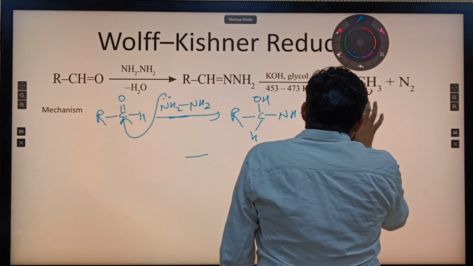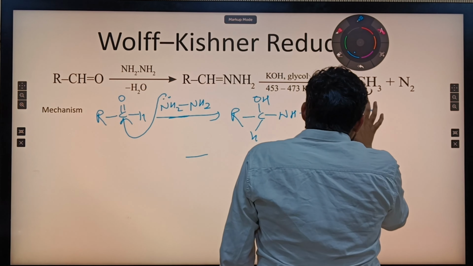Then further, nitrogen NH negative. The negative charge will delocalize in the molecule and the carbanion will form, CH negative, nitrogen double bond NH.